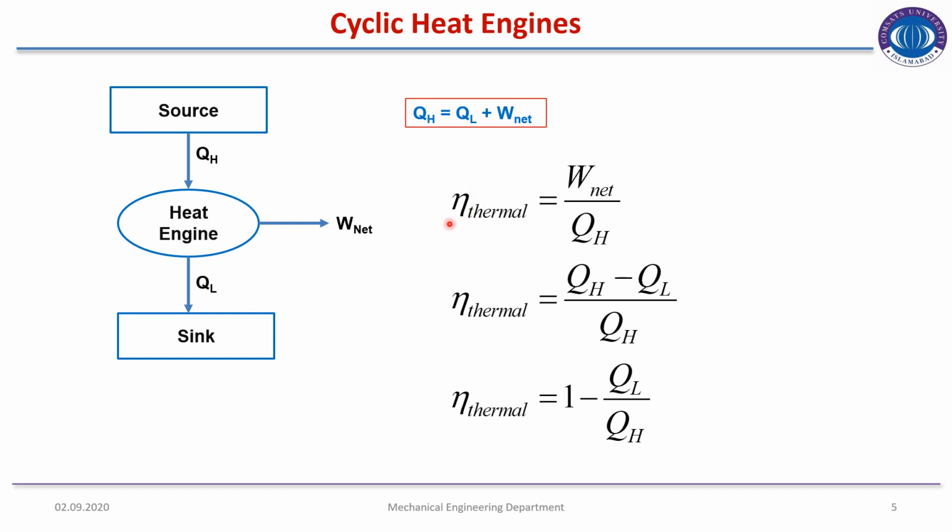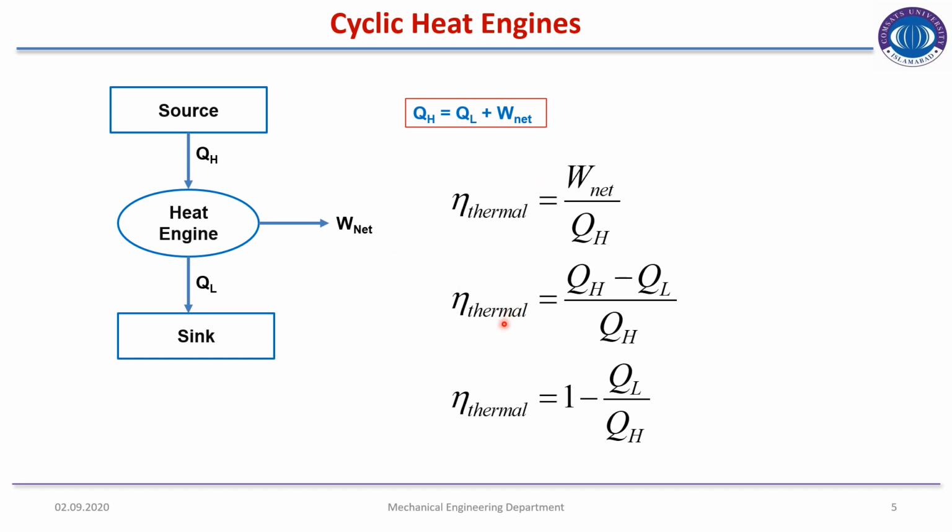So the thermal efficiency, eta thermal, is equal to output over input. The output is W net, the work we have obtained from the heat engine, divided by the input, which is QH, the heat supplied to the heat engine from the high temperature thermal energy reservoir.